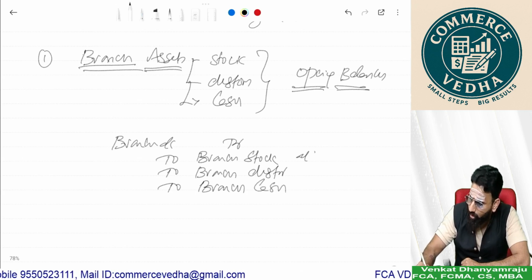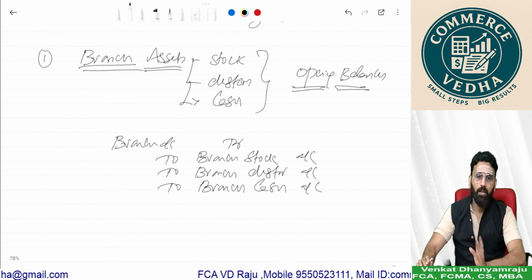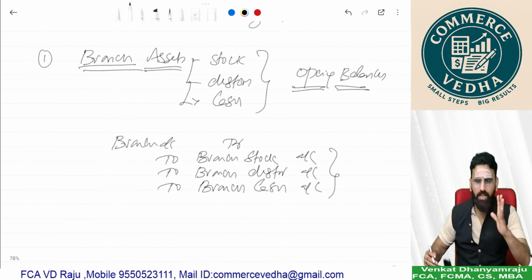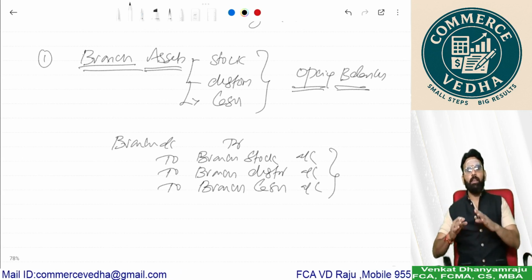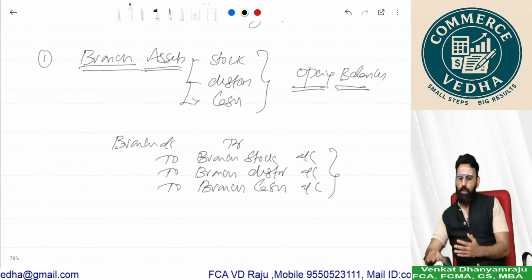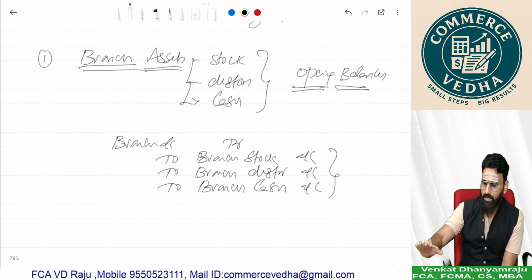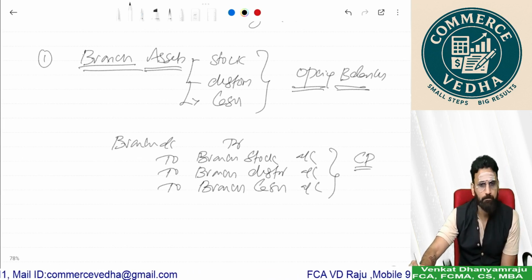So we should record the opening balances in the branch account on the debit side, being all your assets. So the first entry for a dependent branch which is an existing branch, where there is a past record, is to first enter the opening assets, stock, debtors, cash, all at cost price.